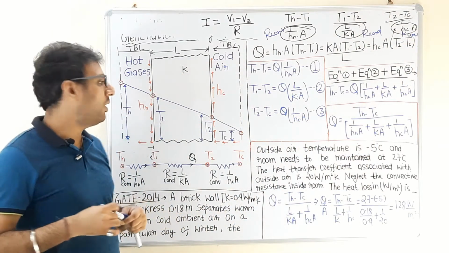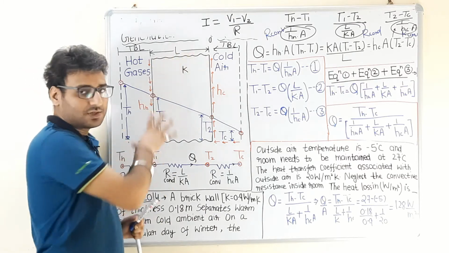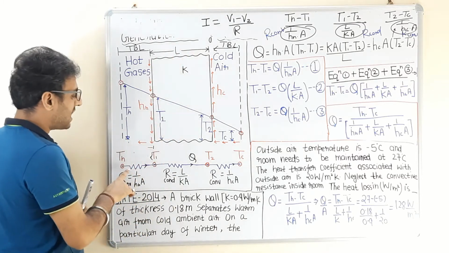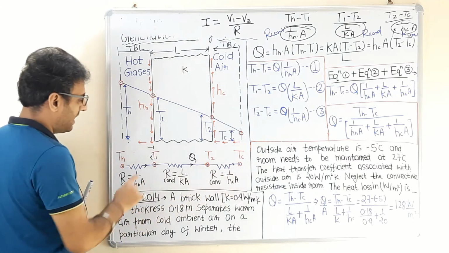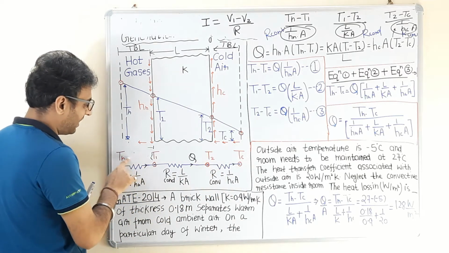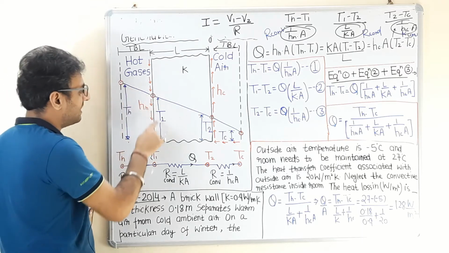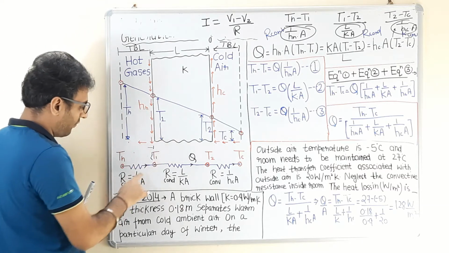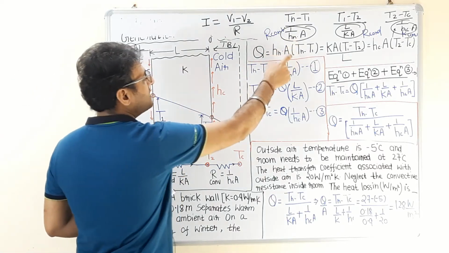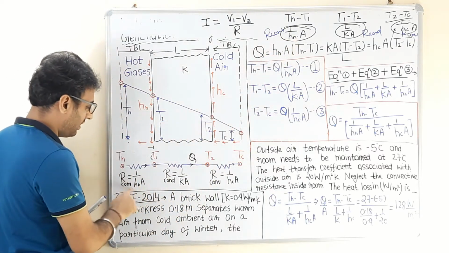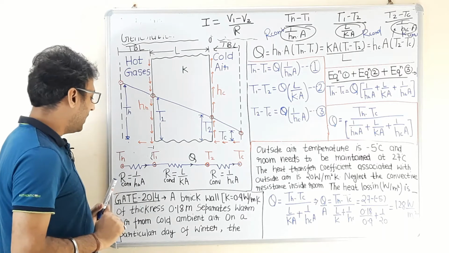Now if we want to draw the electric circuit for this system, then heat is transferred from hot gases to the cold air. There is first a convective resistance between the hot gases and the inner face of the wall, which is 1 upon Hh A. For the first heat transfer process, this is basically the convective resistance.